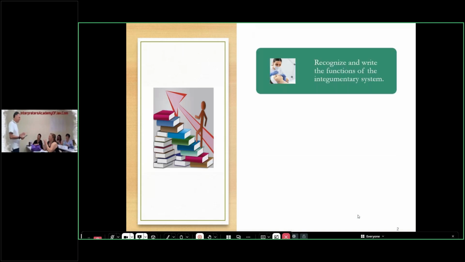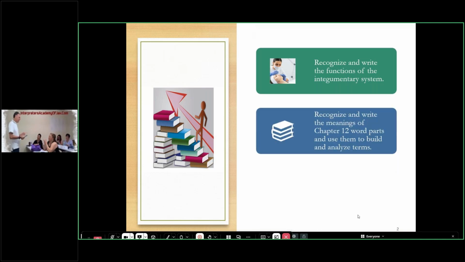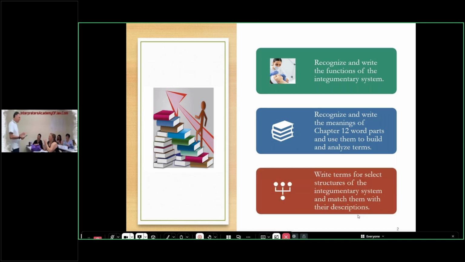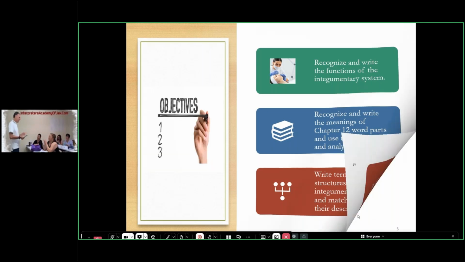Learning objectives. In this class, we will learn to recognize and write the functions of the integumentary system, recognize and write the meanings of Chapter 12 word parts, and use them to build and analyze terms, and write terms for select structures of the integumentary system and match them with their descriptions.